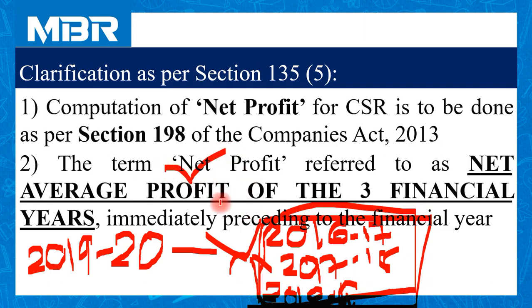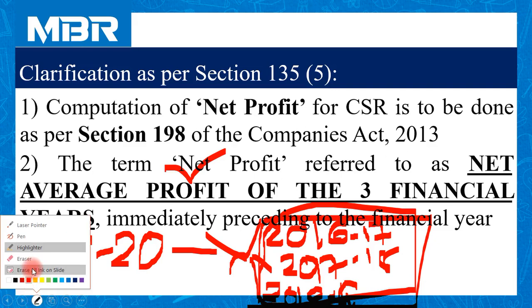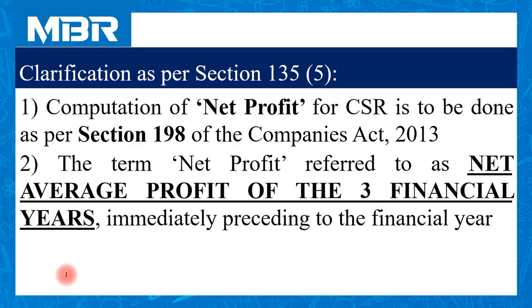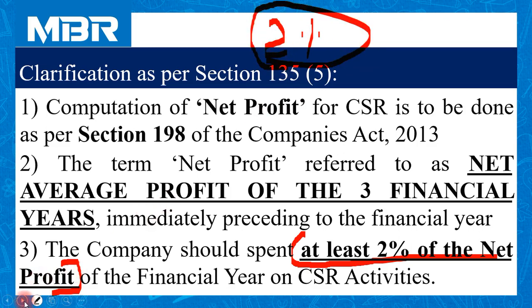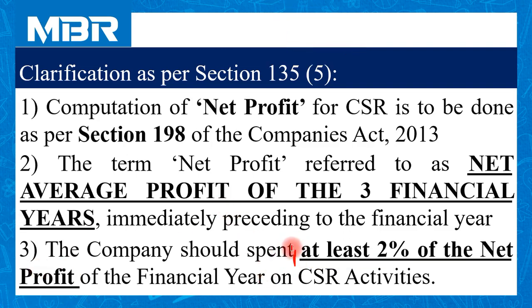So the term net profit is referred to as average net profit of the 3 financial years immediately preceding the financial year. And third, the company should spend at least 2% of the net profit. In the act, it is given as only 2%. But for the purpose of your easy understanding and interpretation, I have written over here at least 2%.